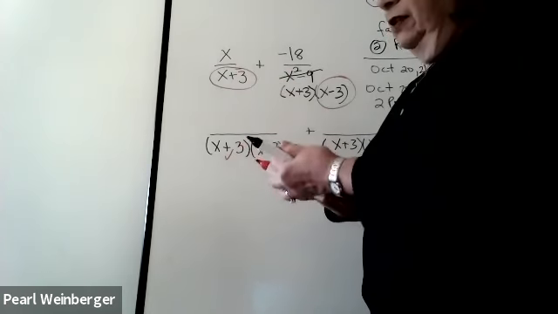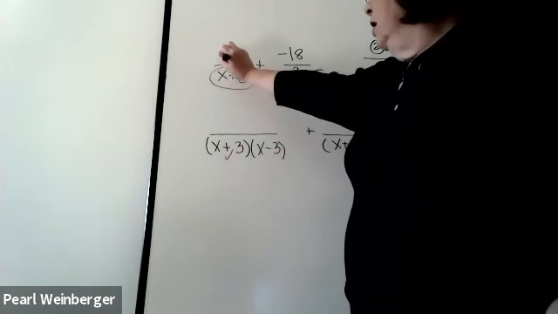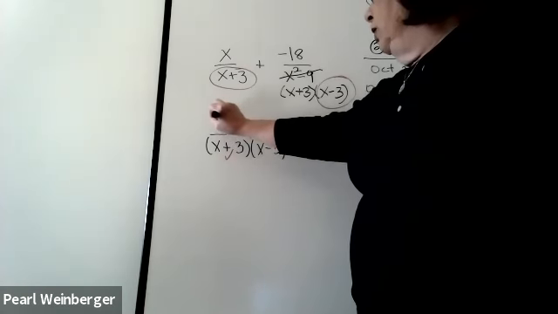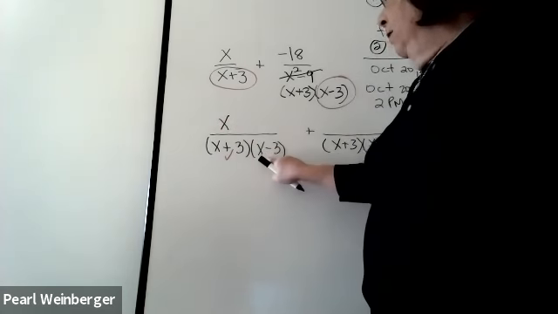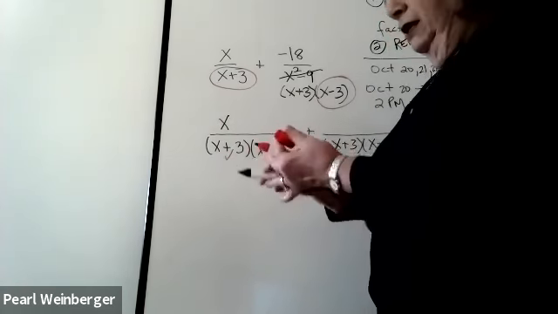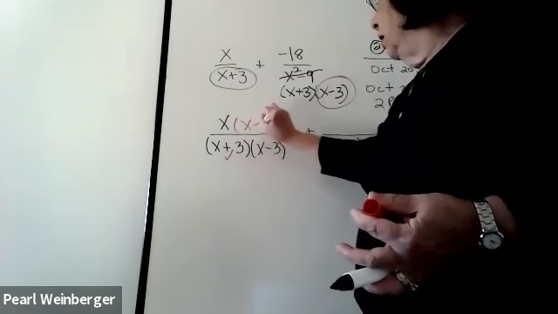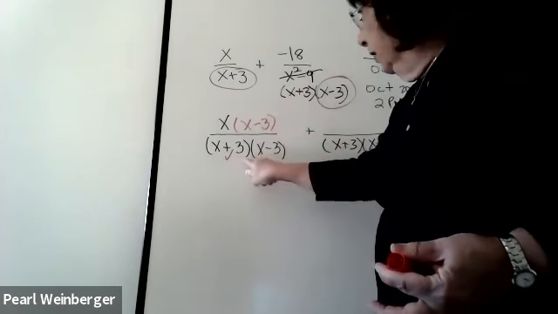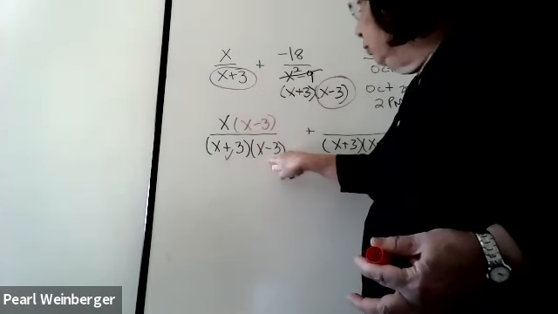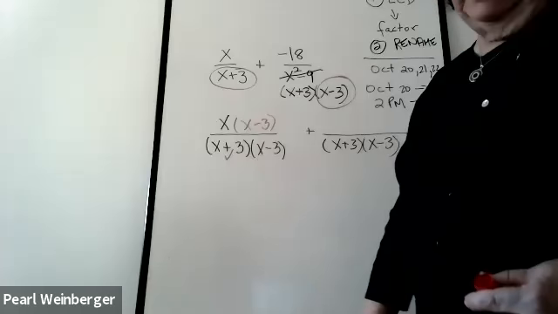So I have to take that original numerator, which is x, and multiply it by this x minus 3. I've multiplied the denominator by x minus 3. I've got to multiply the numerator by that as well.